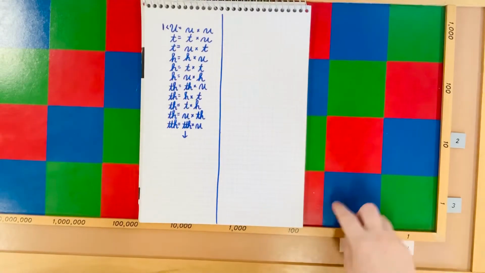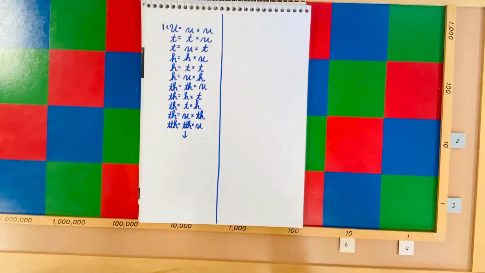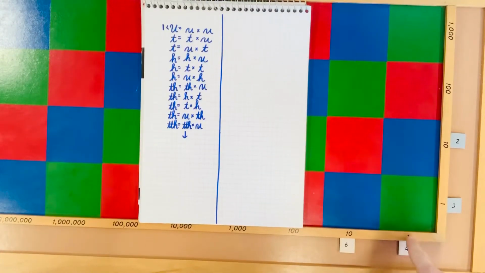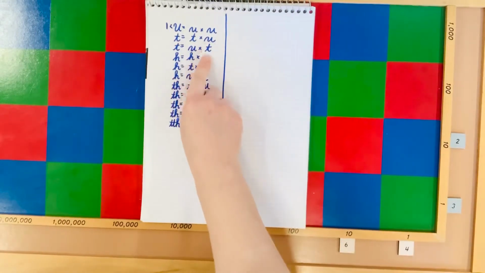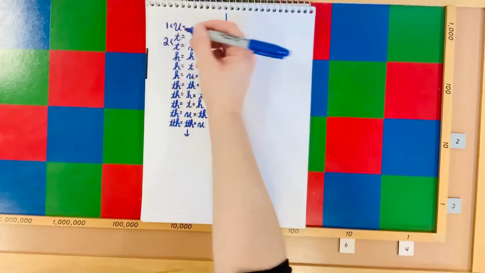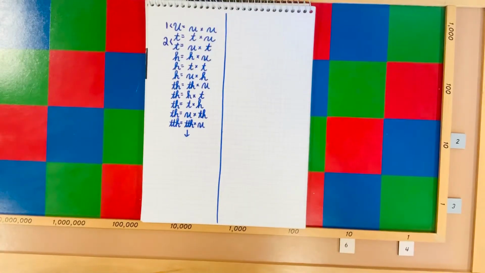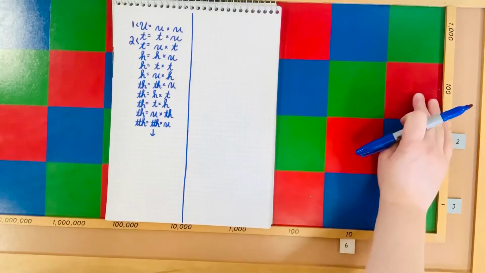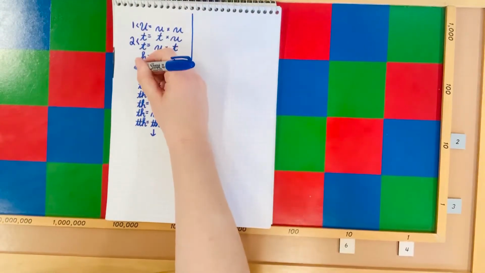With our tens, there are 2 ways to find tens, and that is by multiplying tens by units or units by tens, which is what I have right here. So maybe you discovered that as well, that there's 2 ways to find tens. And there are 3 ways to find hundreds.